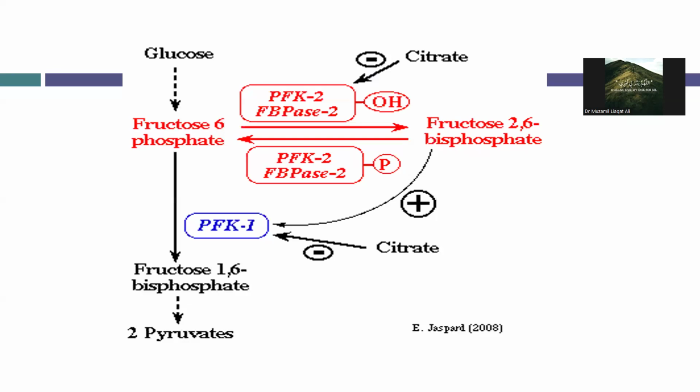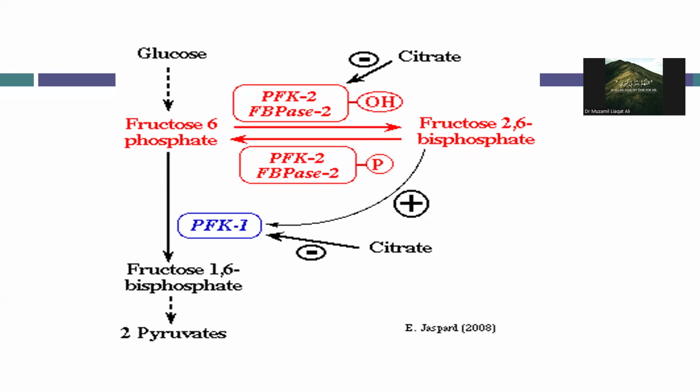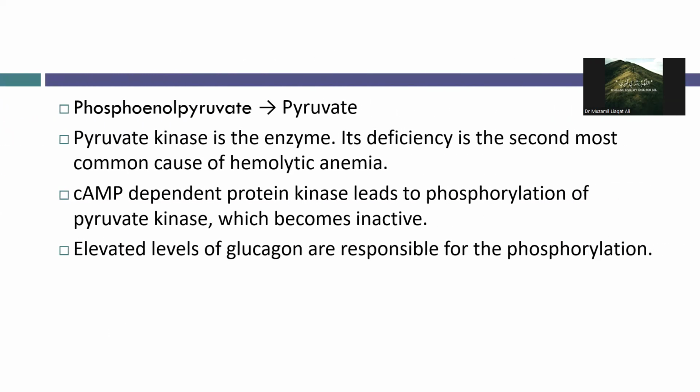What about the regulation of pyruvate kinase? Pyruvate kinase catalyzes the final step, that is the phosphoenolpyruvate to pyruvate formation, generating ATP. Its deficiency is the second most common cause of hereditary hemolytic anemias. It is regulated by cAMP-dependent protein kinase that is activated by glucagon, and the phosphorylation inactivates the enzyme.